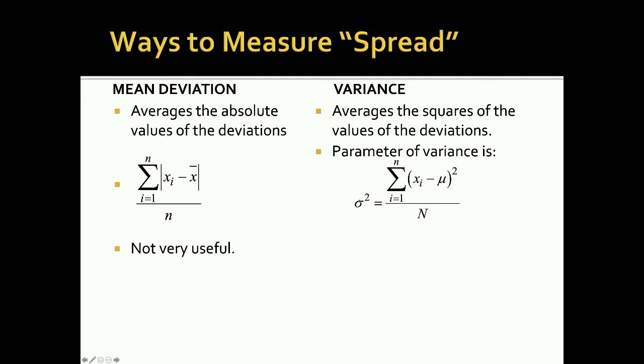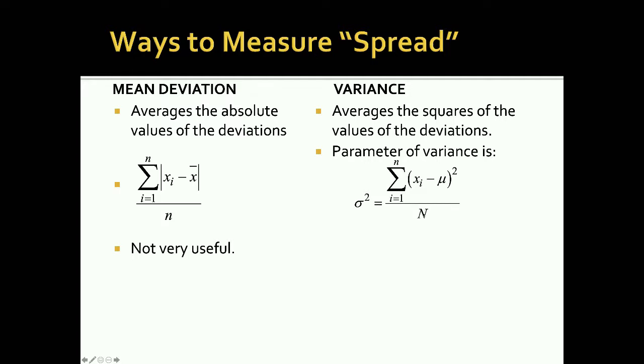It's odd that we're calling variance something squared, but we'll see later that the square root of this, just sigma, is an important value for us. So the parameter of variance is sigma squared, for the entire population. And you see here that this is the deviation squared, and then we sum those up, and then divide by the sample size.